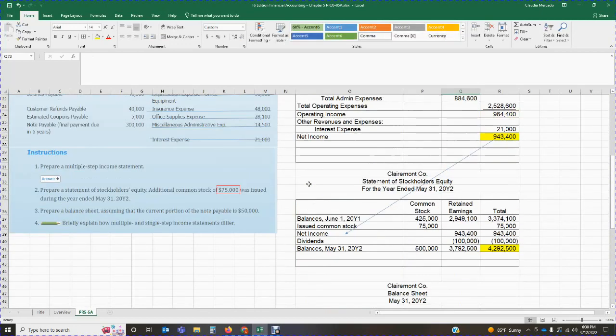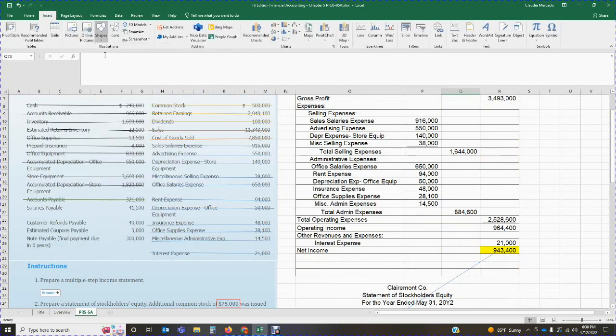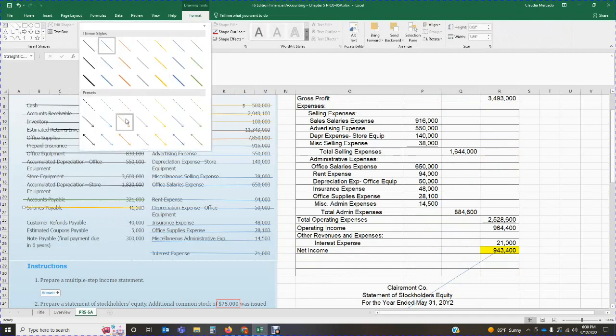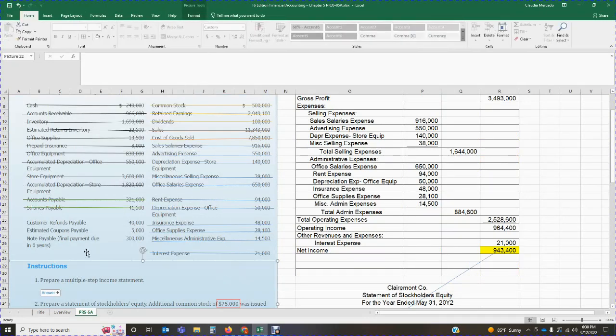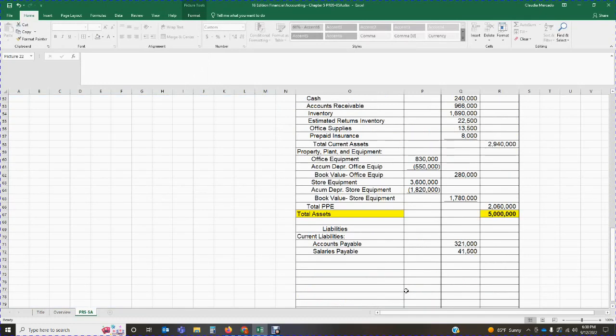That is right here, salaries payable. Customer refunds payable, that's the next one we have. And the amount of my customer refunds payable was $40,000.